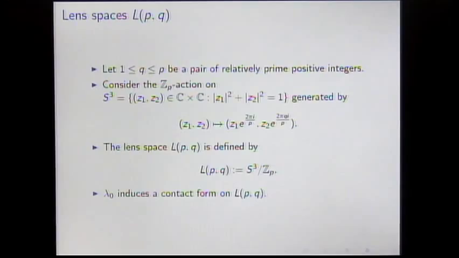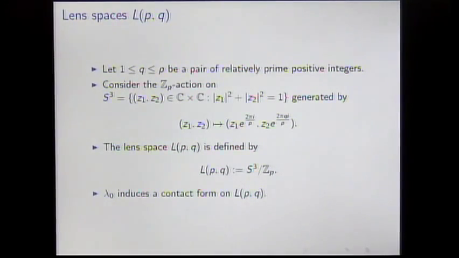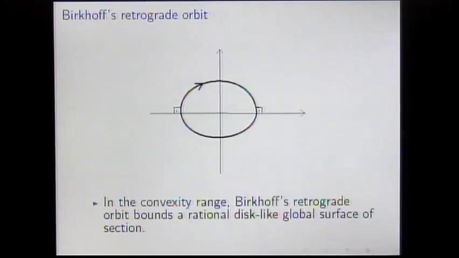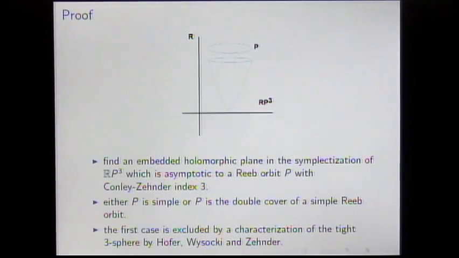Okay, maybe I should just comment a little bit about the proof. Let me go back to that here. So the proof, of course, makes use of holomorphic curves in the symplectization, where the almost complex structure is adapted to the contact form.